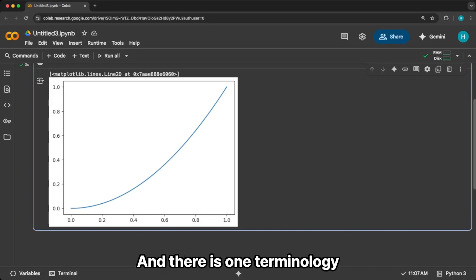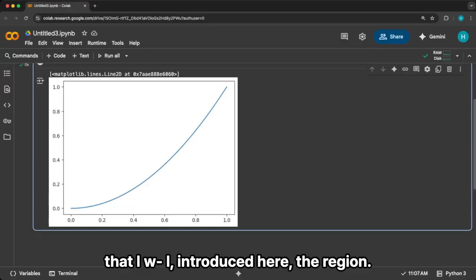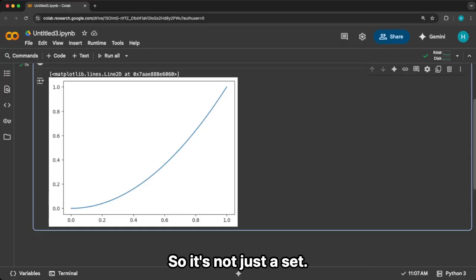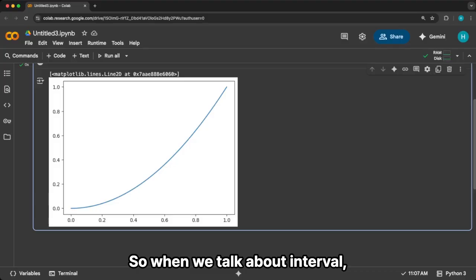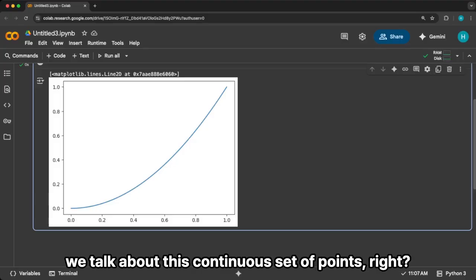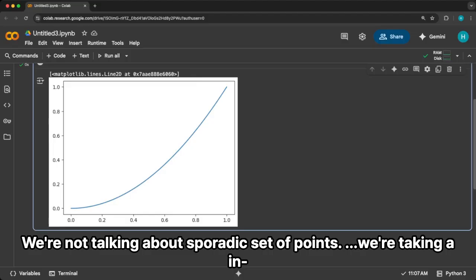And there is one terminology that I introduced here, the region. The domain is not just a set, it's a region. It's a concept similar to the interval. When we talk about an interval, we talk about a continuous set of points, right? We're not talking about a sporadic set of points.